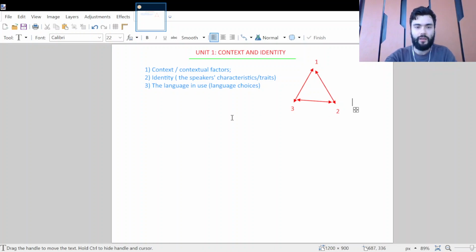Another thing I wanted to specify is the first component here. So to go in greater detail, which is contextual factors. Usually contextual factors and their description is the very first topic that we cover during the first lesson.